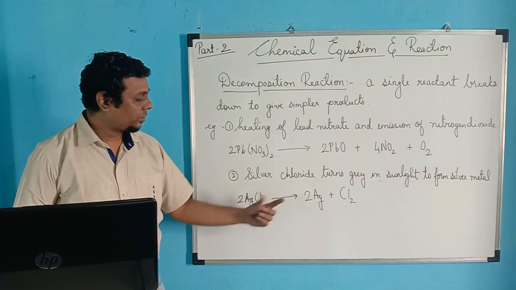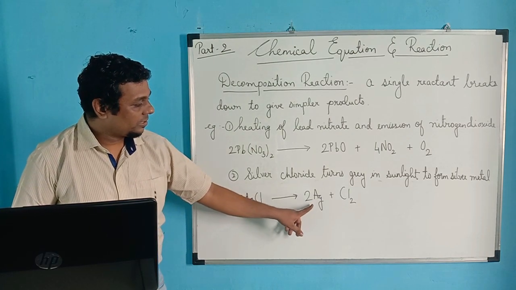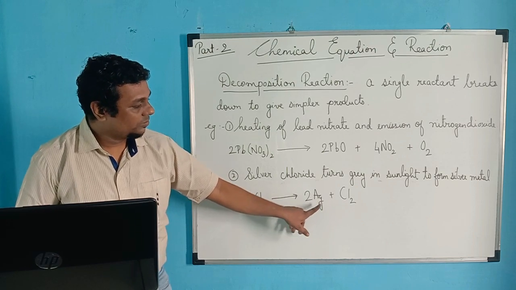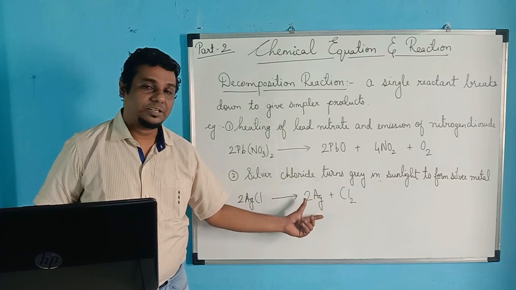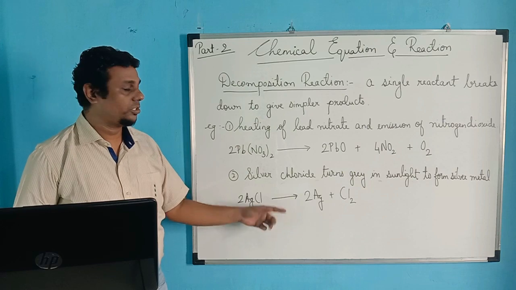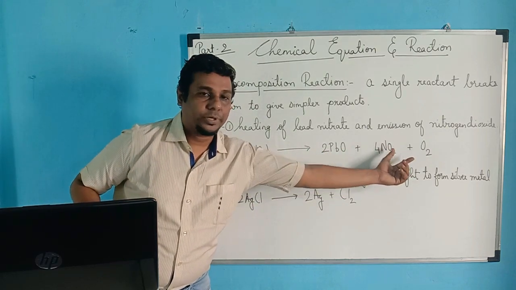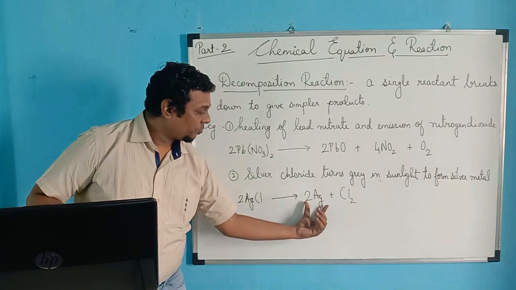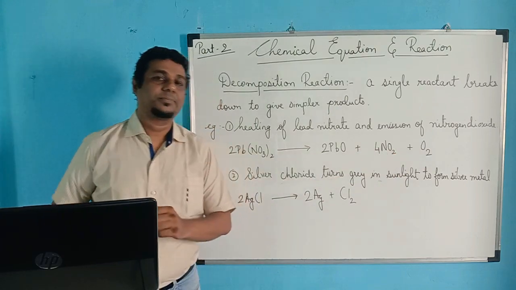Also, silver chloride, when kept in sunlight, turns grey and it emits silver and chlorine. This becomes silver metal. So this is a decomposition reaction, the breaking of a single reactant into two or more products.